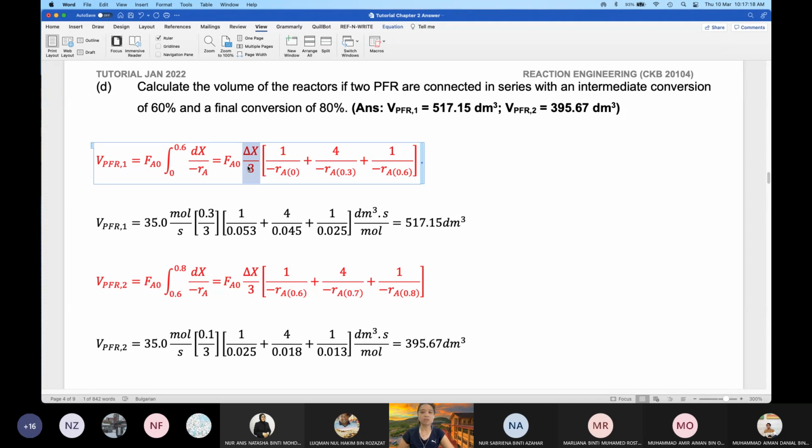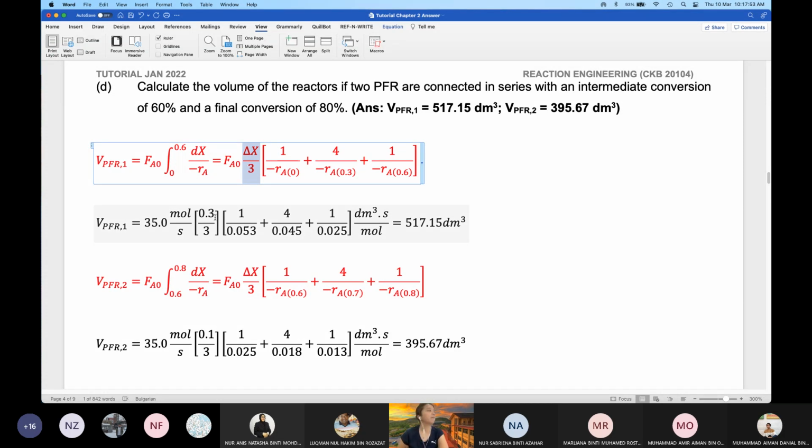So for 0 to 0.6, the middle X is 0.3. You have to know how to find the middle X yourself; it's just the middle conversion between 0 and 0.6. Then you can find your delta X. From 0 to 0.3, the difference is 0.3. From the back, 0.3 to 0.6, the gap, the delta X, is still 0.3. So delta X is 0.3.